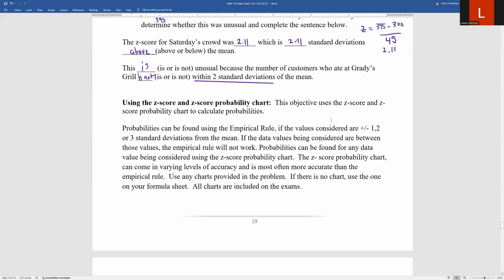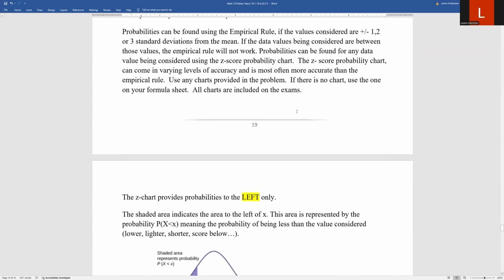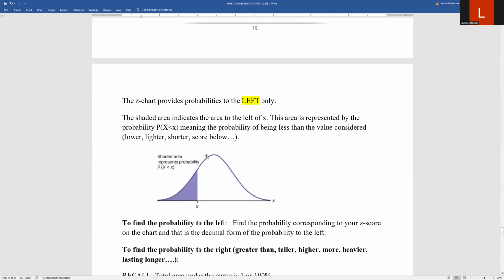Now, once you find that z-score, like that 2.11, what does it mean? Well, if we can figure out how to read the probability, which is why someone came up with a chart for this, we can then tell people what percentage is less than you or what percentage is greater than you, your specific data value. So the charts that we give you only give the area or the probability to the left.